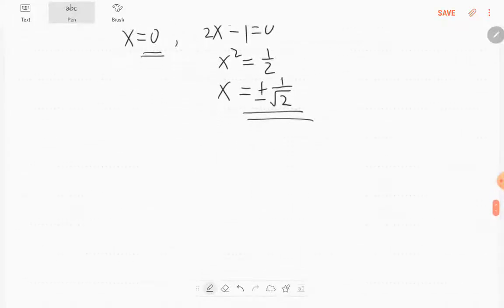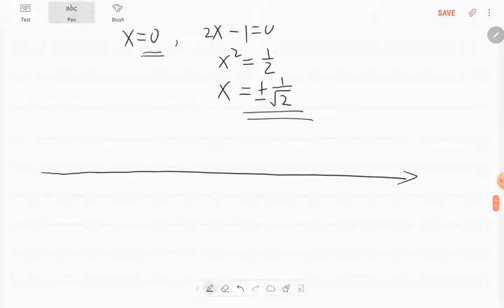For the inflection point, we do a very similar thing. We divide our number line, the domain, into several parts. We locate the x coordinates of the inflection points. So this would be 0, this is negative 1 over square root 2, and this is positive 1 over square root 2.